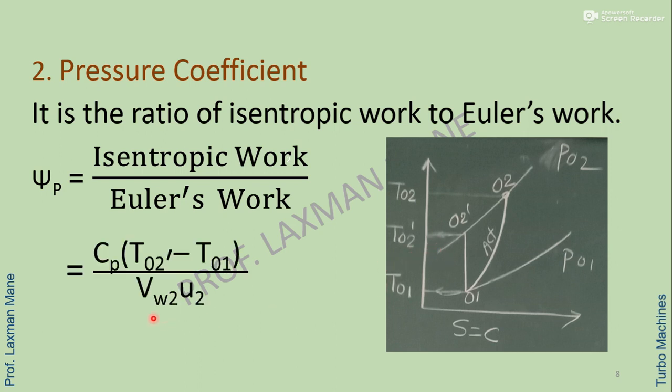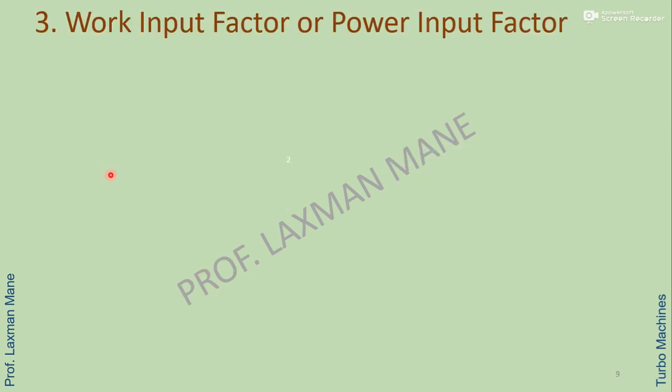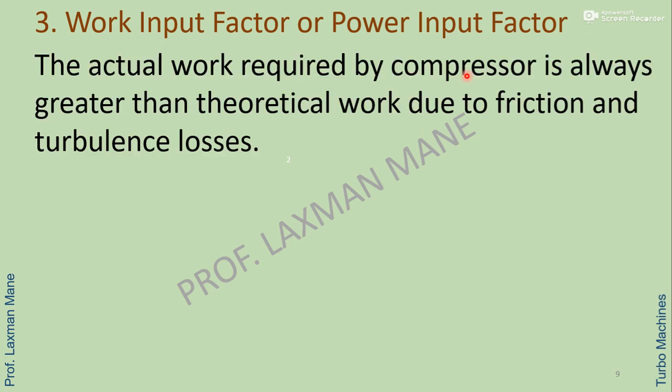So here isentropic work means this vertical line, for that we can write in terms of temperatures Cp into T02 dash minus T01, divided by Euler's work, which is VW2 U2. Next factor is work input factor, or it is also called as power input factor.